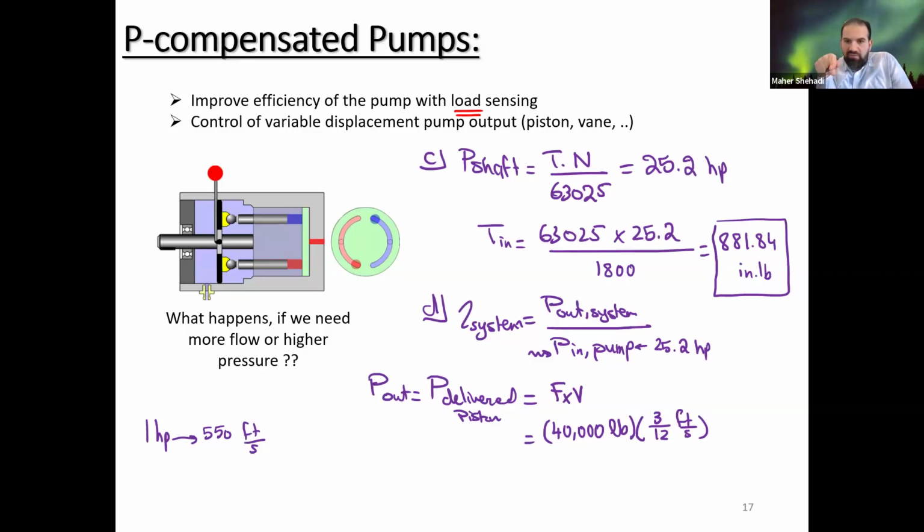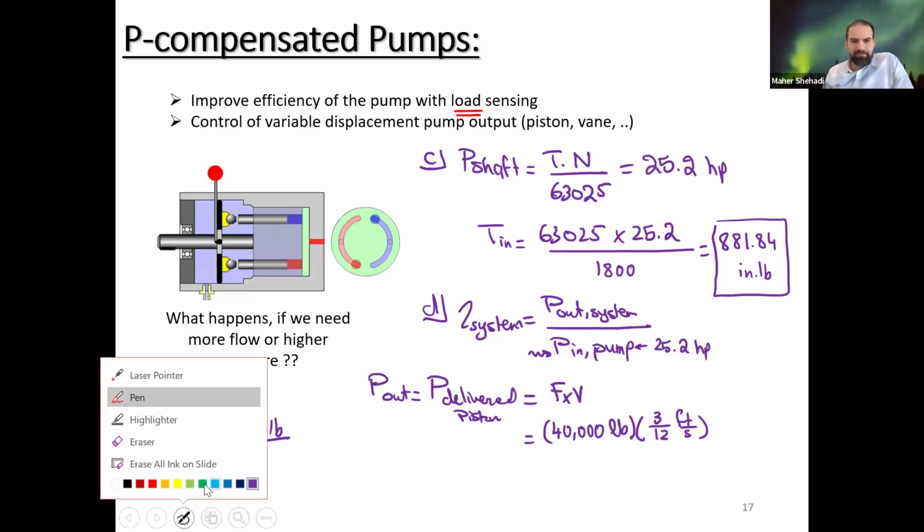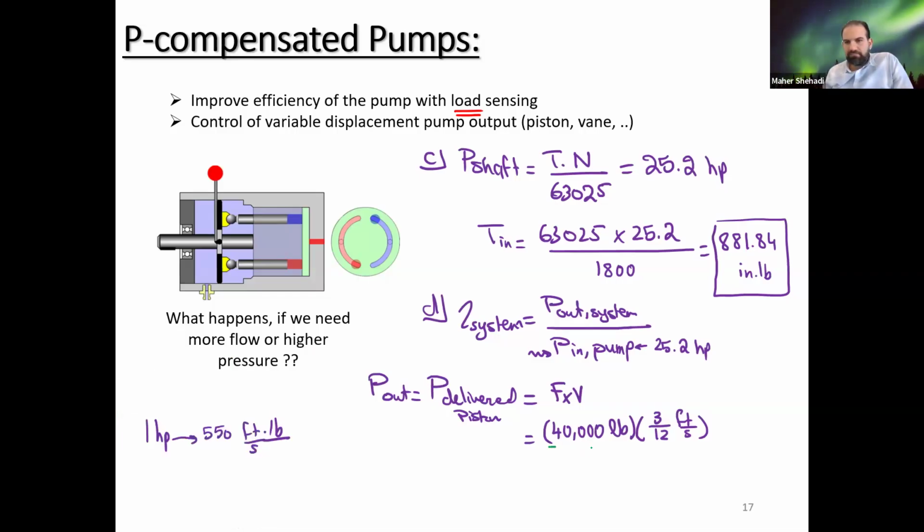So I'll need to divide that by 550. That's just pound-foot per second, so that's exactly what we need. Foot-pound per second per horsepower.